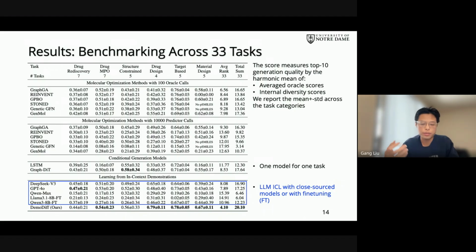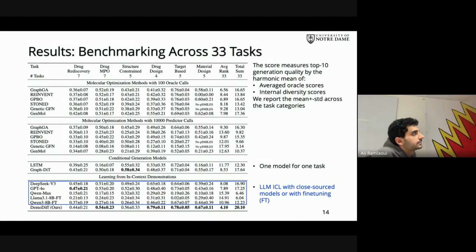So we hope this number reports the balance of how different models generate molecules, by balancing diversity and hitting. In this table we report the mean and standard deviations across different task categories.